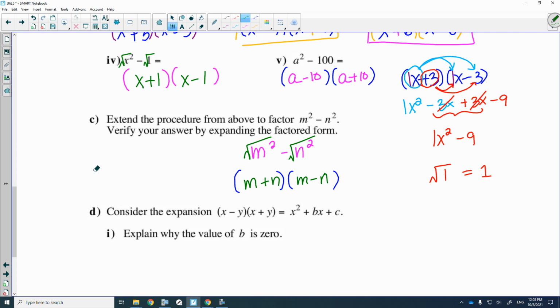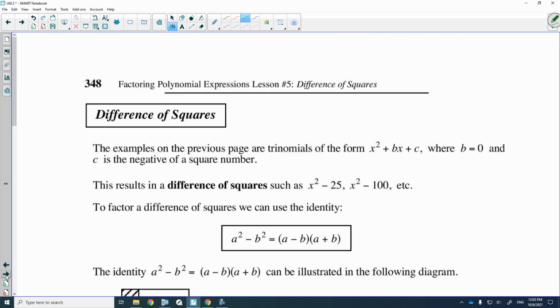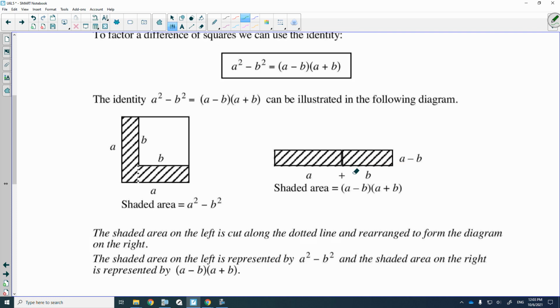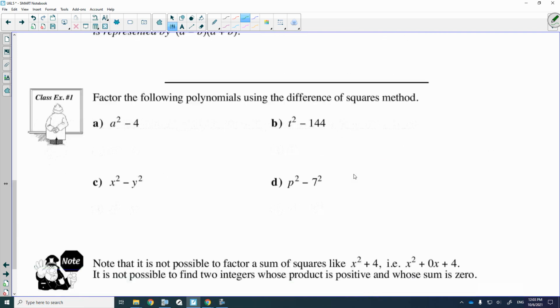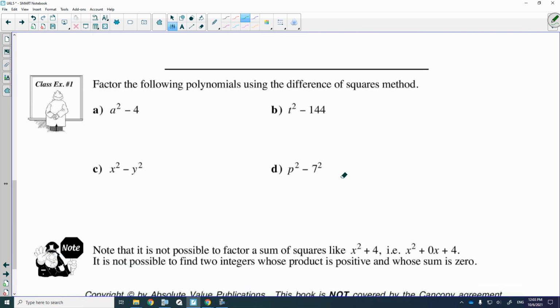Okay, flip your page. And do these 4 for me.